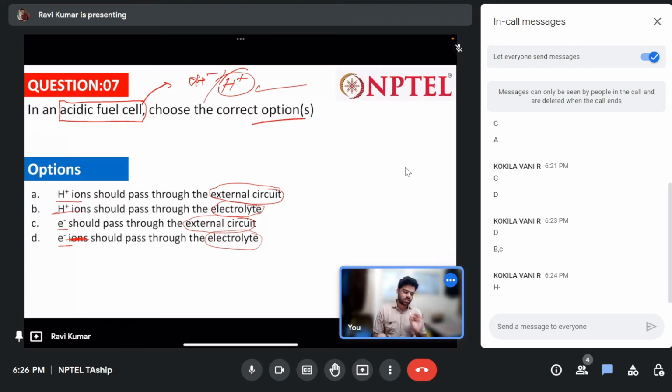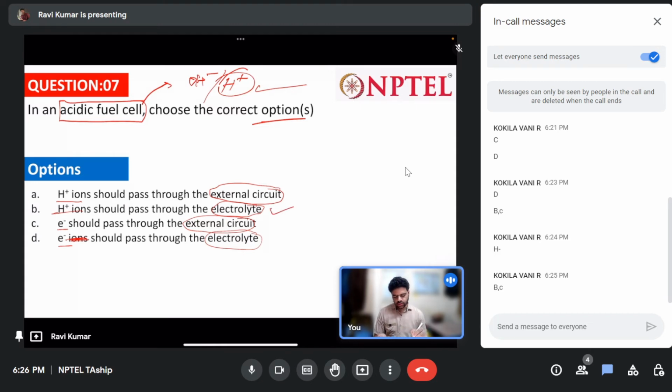That's just what the question is saying. Which ion is flowing from where? B and C. Hydrogen flowing through electrolyte, and yes, great.